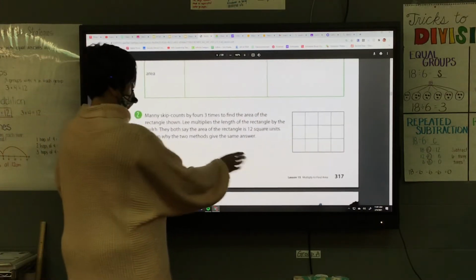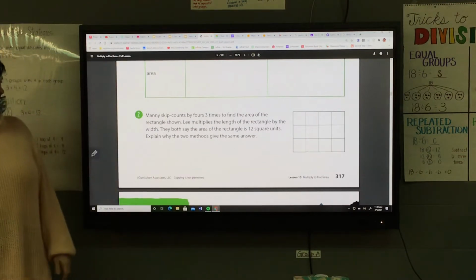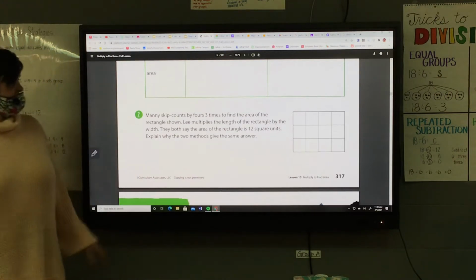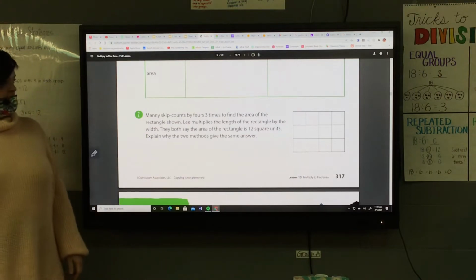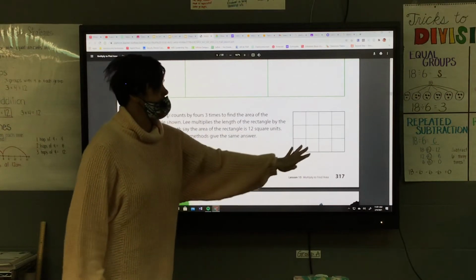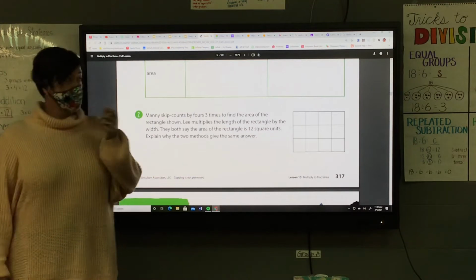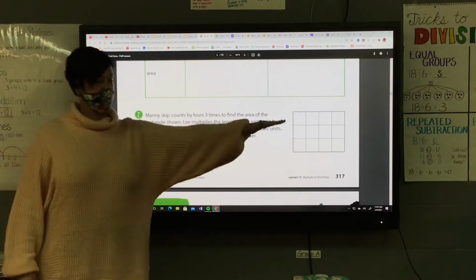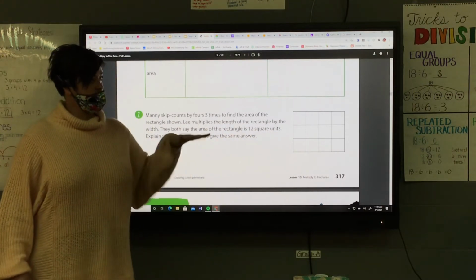All right, so now, talking about Manny here. Manny skip counts by 4s 3 times to find the area of the rectangle shown. Would that work? Yeah. 4, 8, 12. Okay. Lee multiplies the length. What's the length? How many is the length? 4.